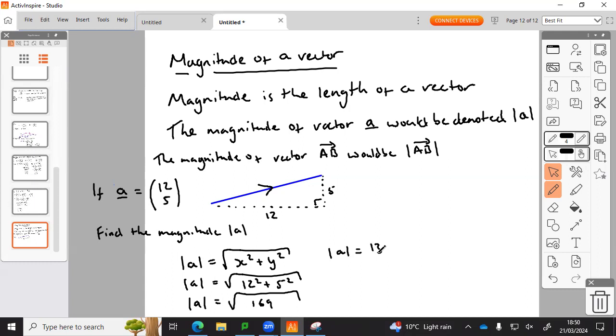So the length, that might have units, that might have centimeters as units. So it's moved 13 units from A to B. It's been described in component form as movement along the x-axis by 12 and up in the y-axis by 5, but the magnitude overall is 13.